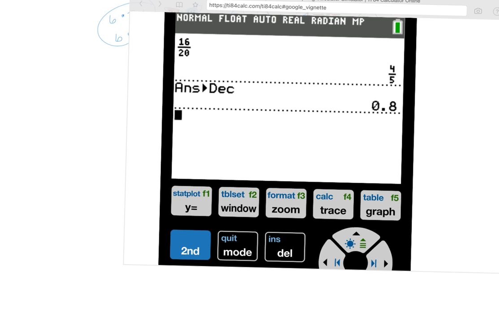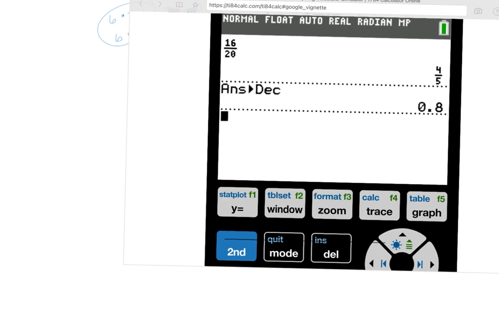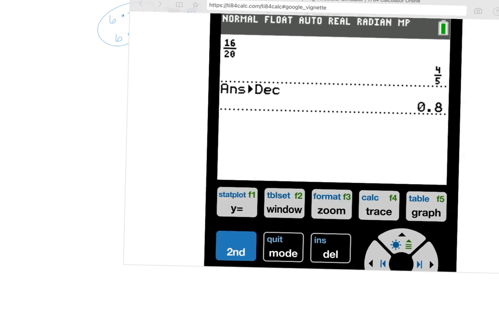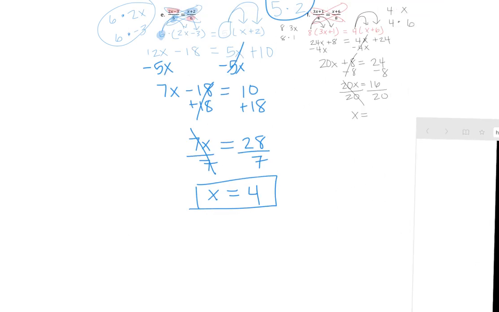So it's whatever you want to give me as your answer. I accept both. If you get a decimal in your calculator, that's fine. If you get the fraction one, that's also fine. Whichever one. You don't have to give me both, but one of them is what I'm looking for, okay? So let's move this out of the way. Okay.